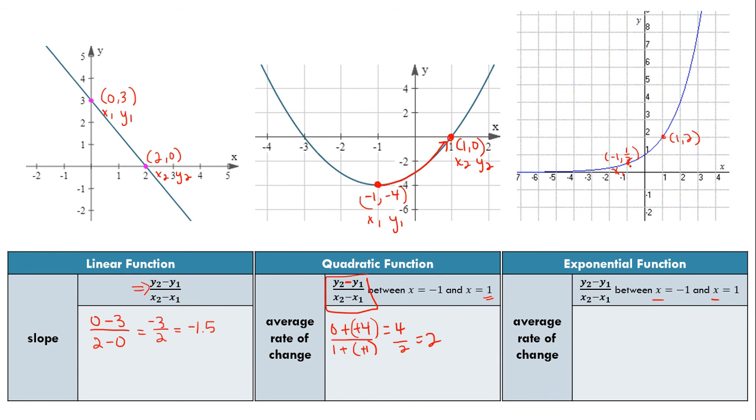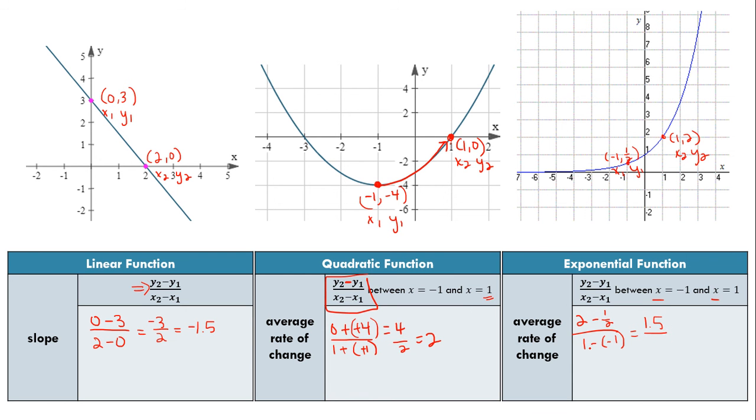So if I label my points x1, y1, x2, y2, then we plug them in. So my y2 was 2 and my y1 was 1/2. And then my x2 was 1 and my x1 was -1, so minus a -1. So when I go to simplify this, 2 minus 1/2 is 1.5.